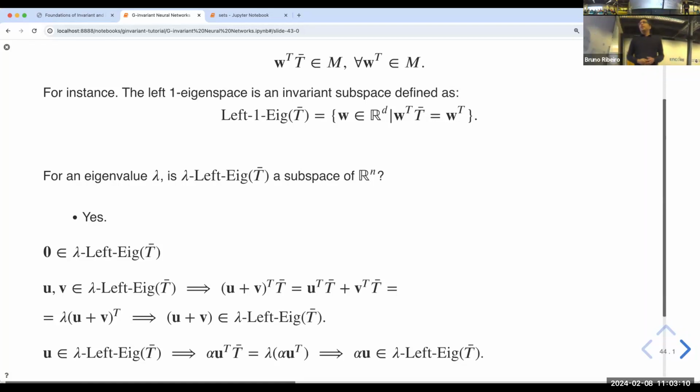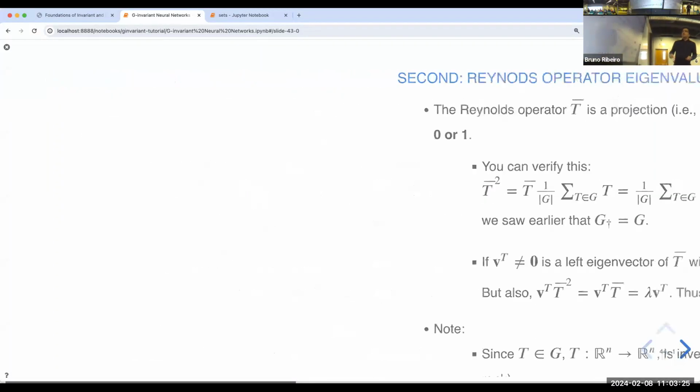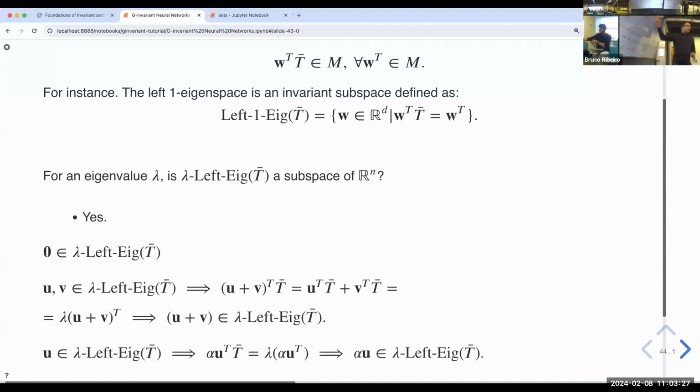So that's why we call it the left one eigenspace. Okay, so let's now show that the Reynolds operator satisfies this type of equality, because we need to show that this T bar can be the Reynolds operator.